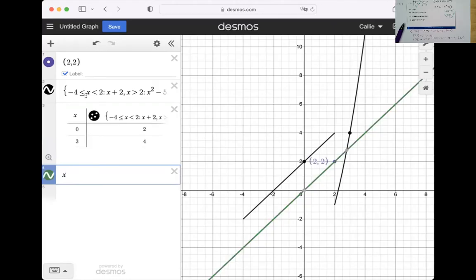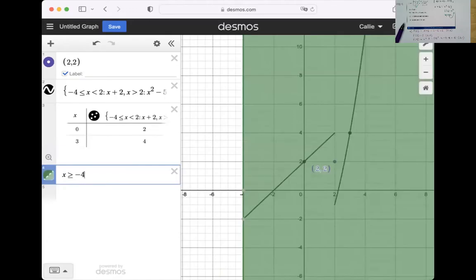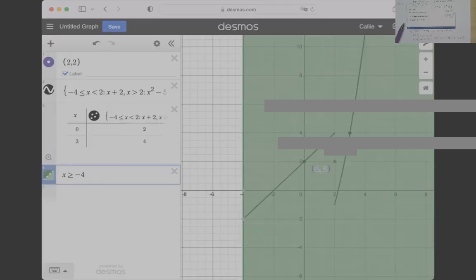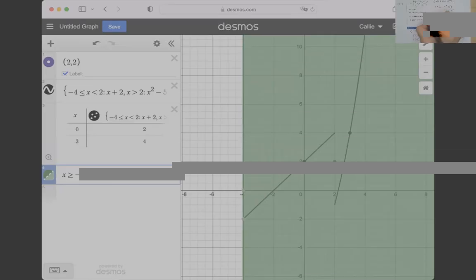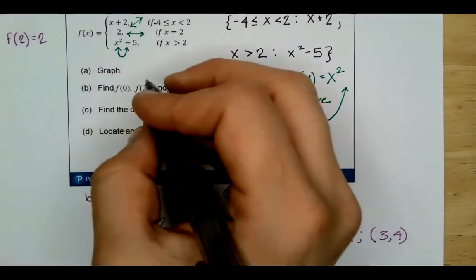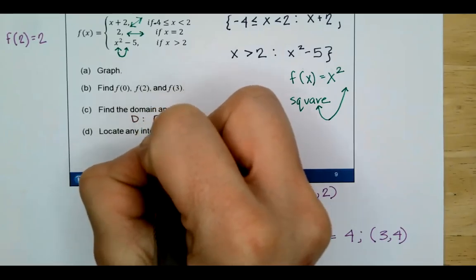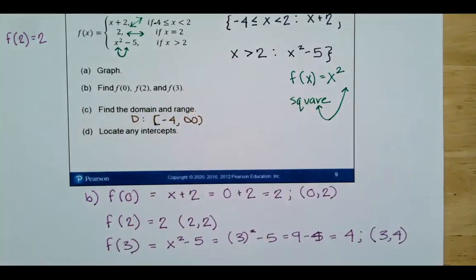X is greater than or equal to -4, right? And then it goes on forever. What would be the interval notation for x is greater than or equal to -4? It's from -4 to infinity, right? On the x-axis.